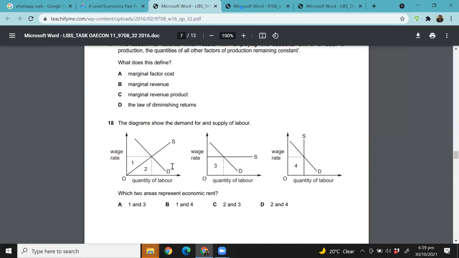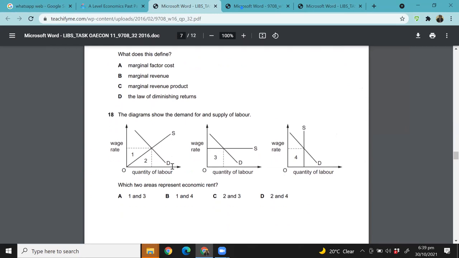Which diagram shows the demand for and supply of labor? Which two areas represent economic rent? Do you remember what economic rent was? We discussed this in our class. Which two areas represent economic rent?